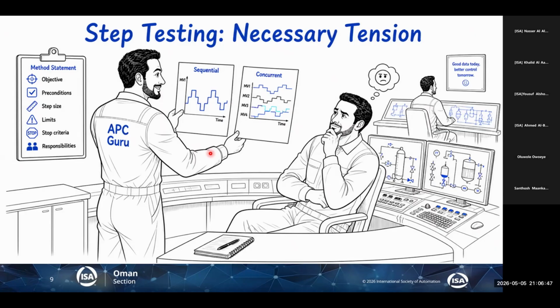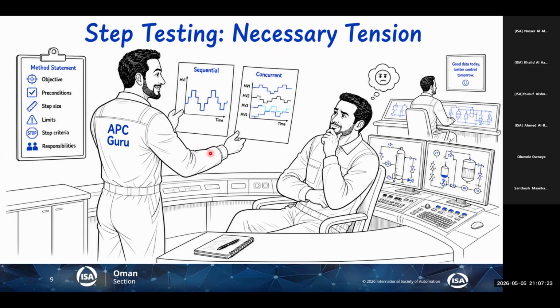This is very important for the future, even in 5 years' time, because you design an application with known constraints, and there are constraints you didn't think about that will jump in the future. Maybe one equipment has a temperature which was not a constraint at all, but after 5 years, it is a constraint. And if you know when there was a step test, you can go back to that data from the plant historian and build the model using that data.